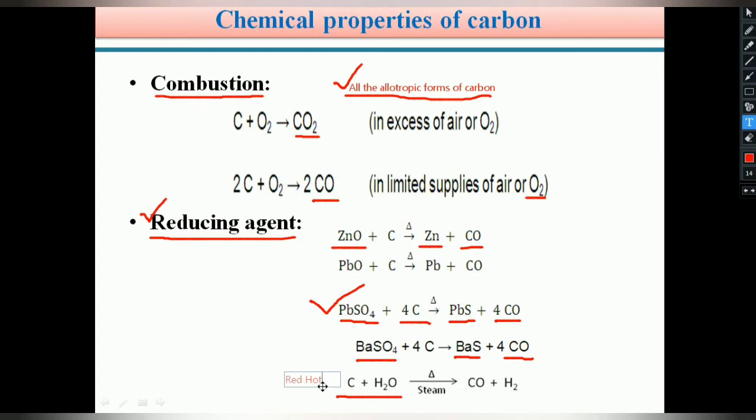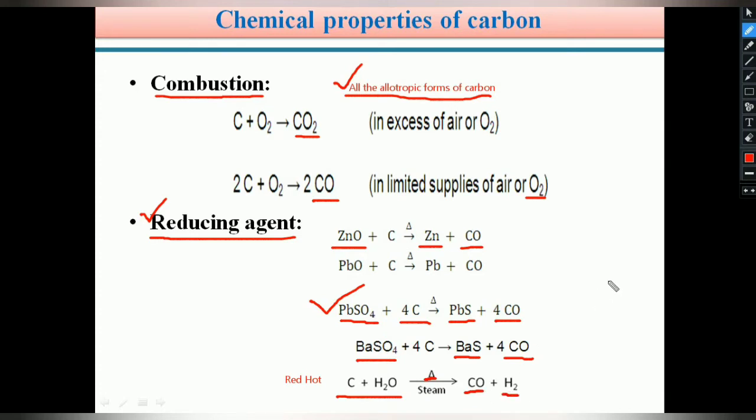So red hot carbon reacts with water vapor at high temperature. Here we denoted it with delta; the symbol delta above the arrow indicates temperature. So red hot carbon is treated with steam or water vapor at high temperature. It reduces water into CO, carbon monoxide, and H2 gas is formed.